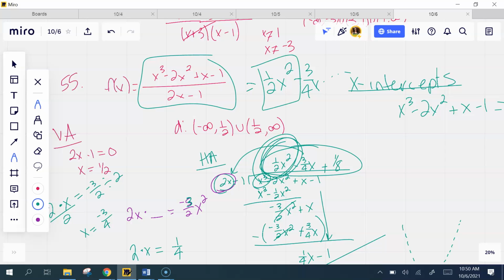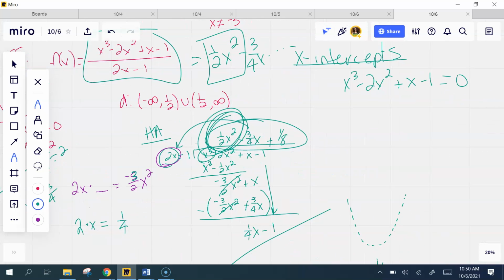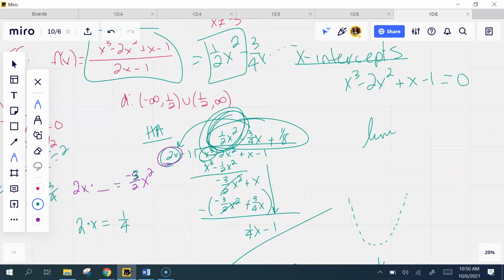So you're looking at a positive even, both ends going up. So it's the limit as x approaches infinity of f of x equals positive infinity, and the limit as x approaches negative infinity of f of x is positive infinity.